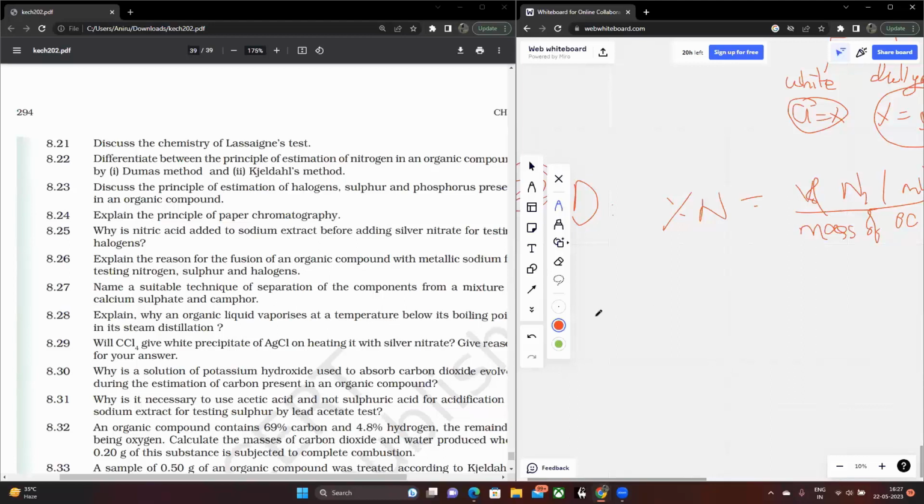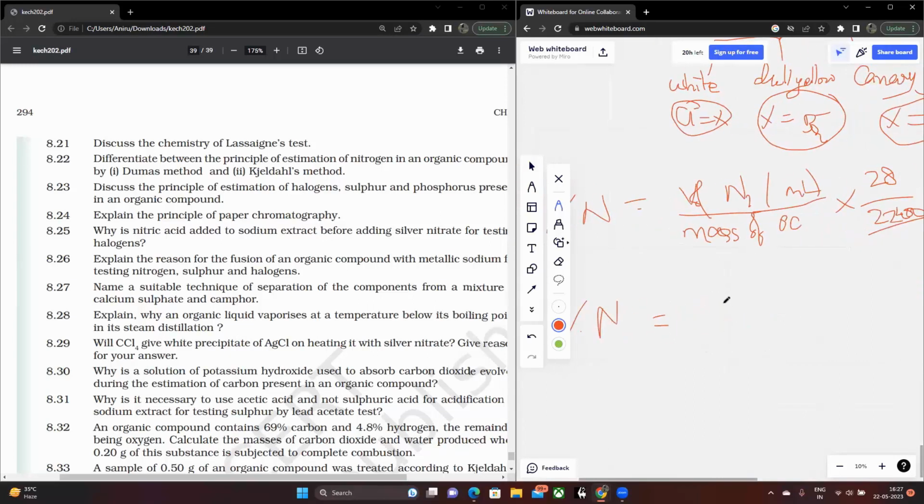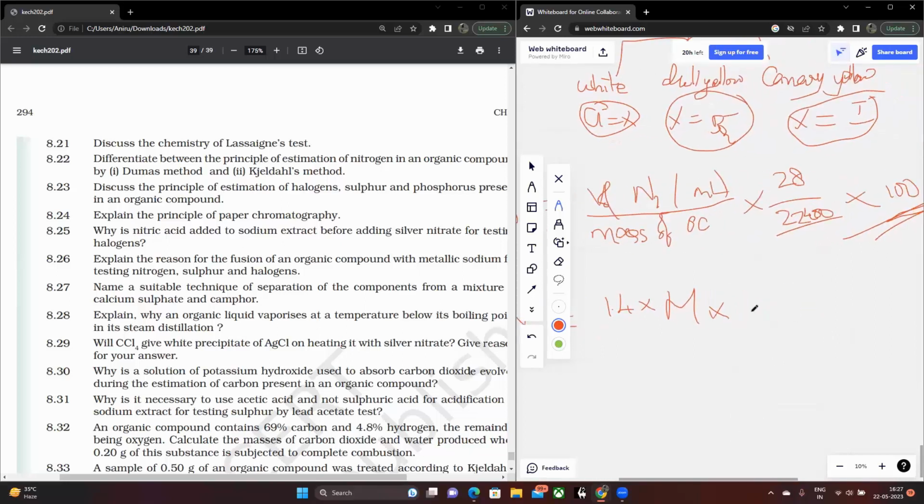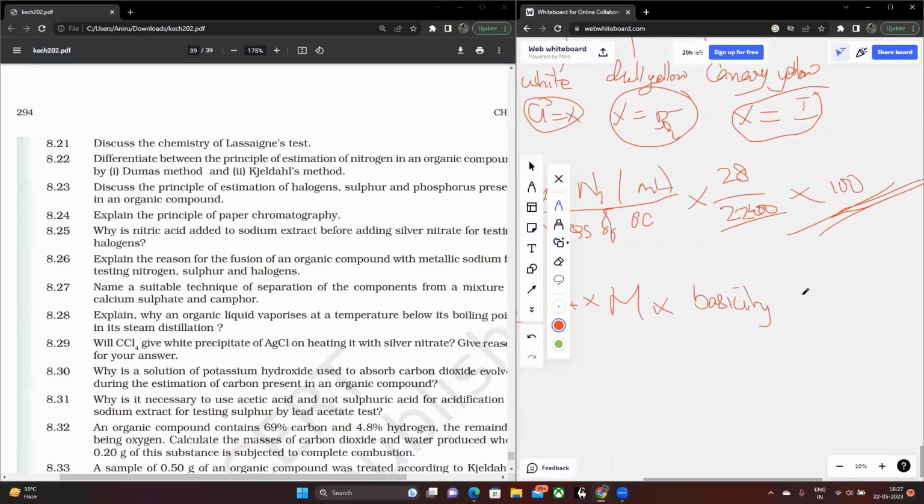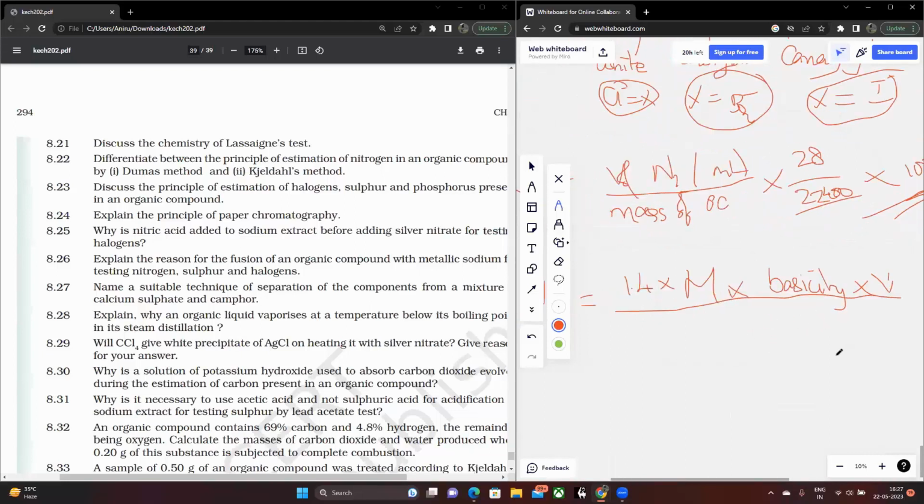It happens finally in your Kjeldahl's method. It's much like titrations where you determine the percentage N as 1.4 times the molarity of the acid into the basicity of the acid, the number of hydrogen ions that the acid can give, into the volume of the acid used divided by mass of the substance taken.